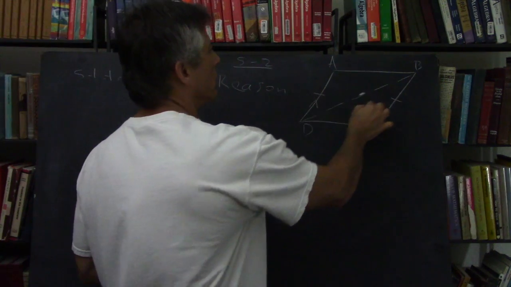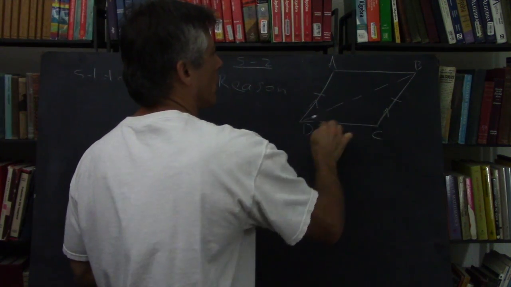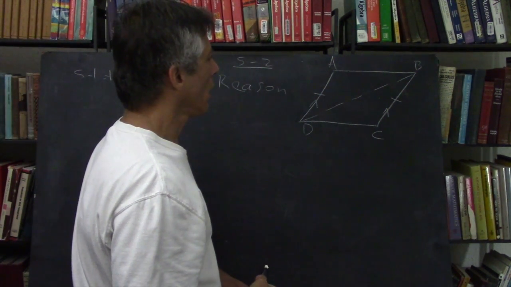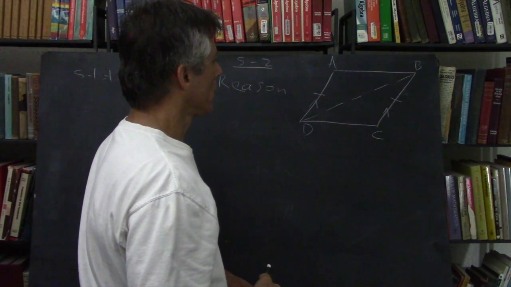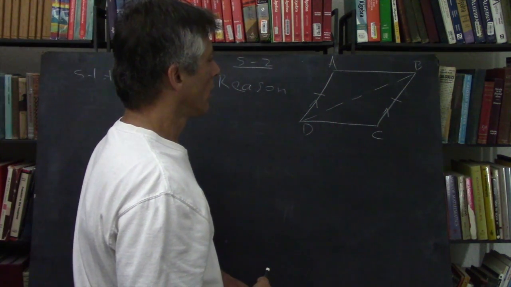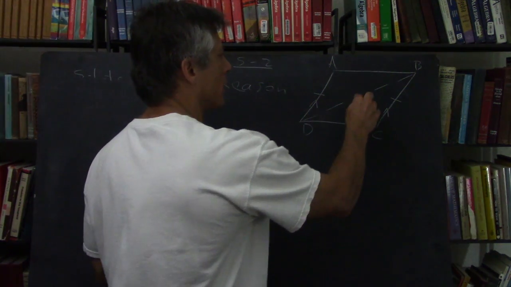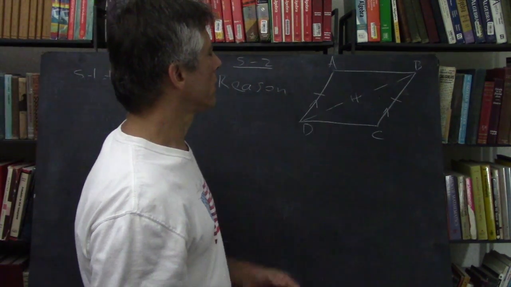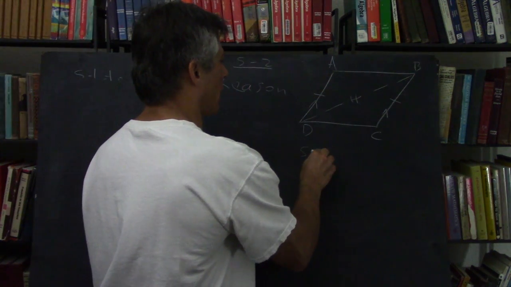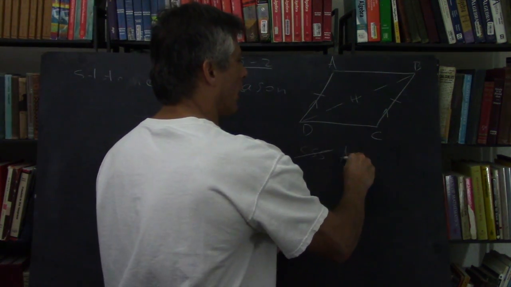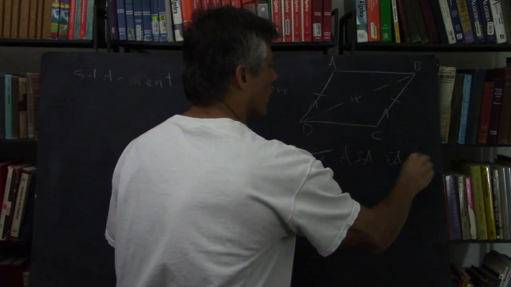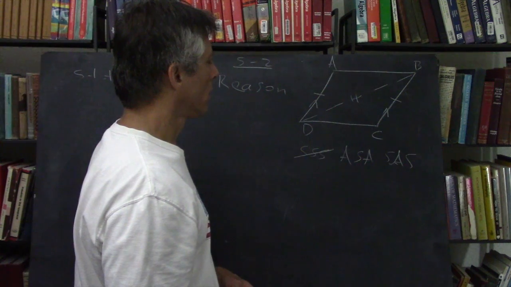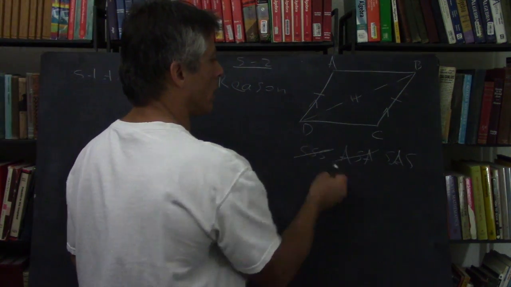Oh, hey, notice we got two triangles here. So ABD and CDB, but then they have this in common. And we don't know about this, so we're probably not going to use side, side, side. Maybe ASA or side angle side. But we have two sides, so probably that.